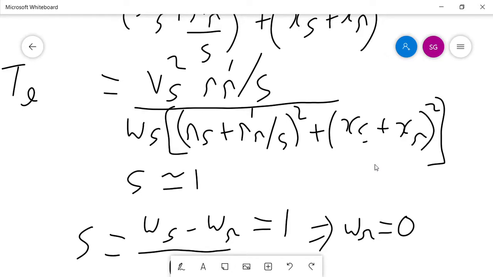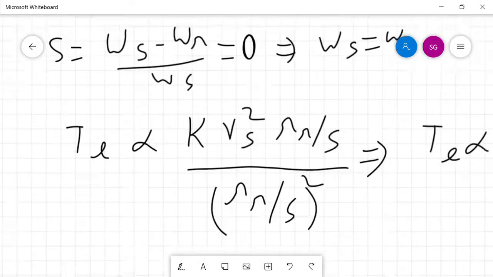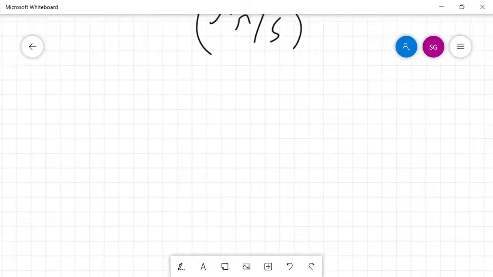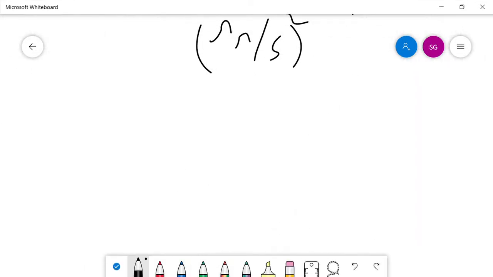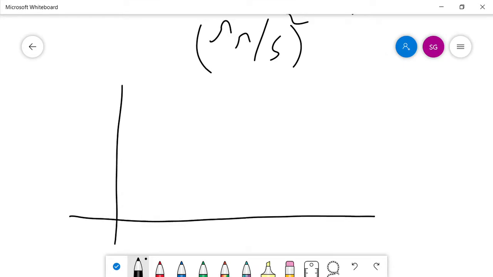So we can always draw the curve. How will the curve look? If you draw this curve, electromagnetic torque versus slip, let us say at this point s is equal to 0, and at this point s is equal to 1.